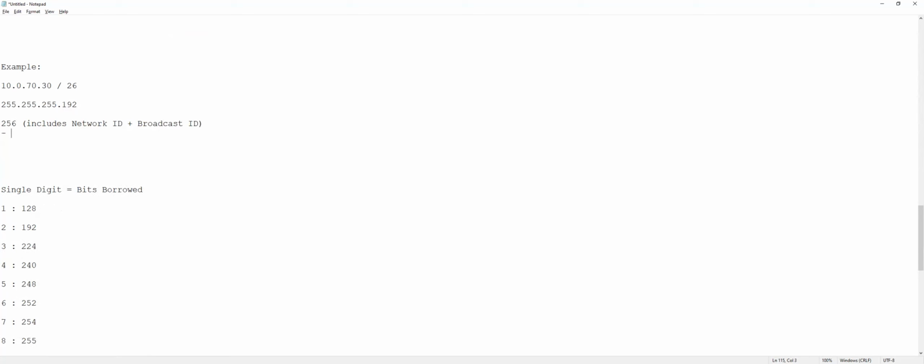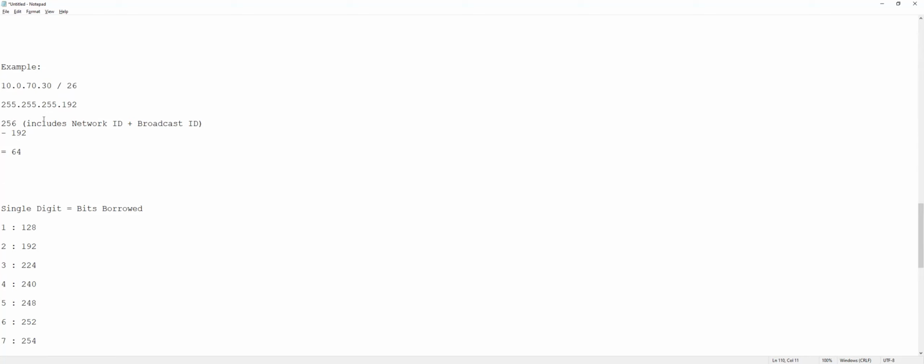And I want you to minus 192 to get the interval for our network ID in order to process the subnetting, all right? So 256 minus 192 will give me what? 64, right? This is very important because this is the interval that we'll be using. Basically, this is the holy grail number that we can use to subnet, to be able to figure out which subnet this IP address is in range of, all right?